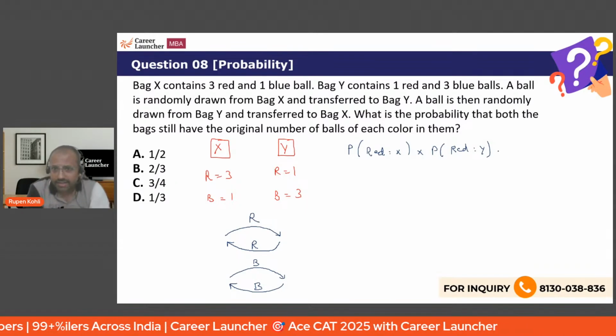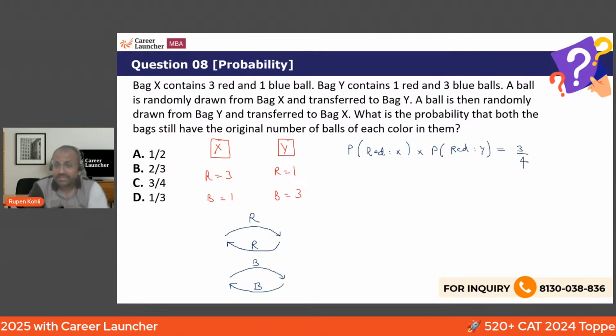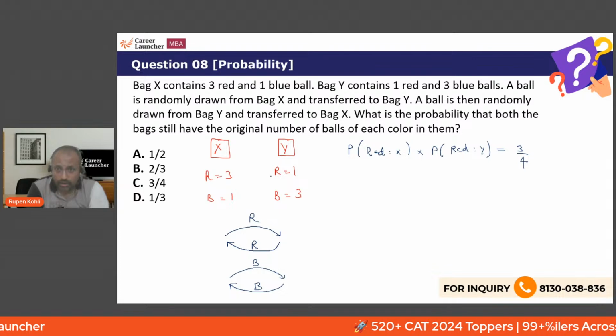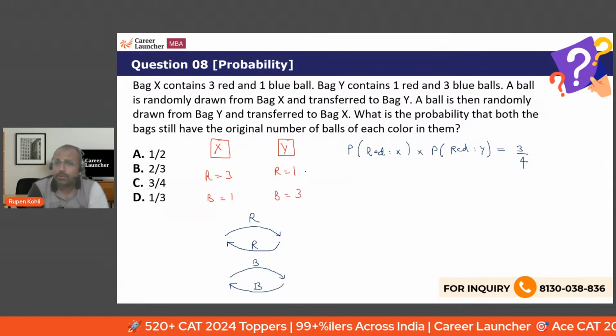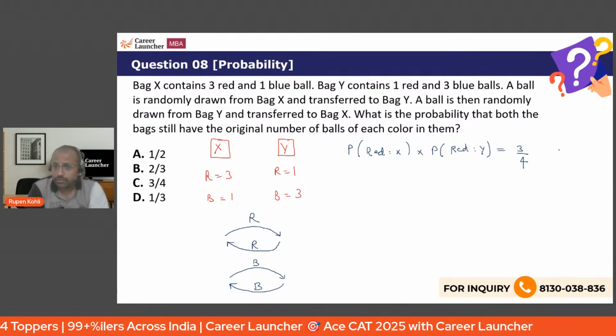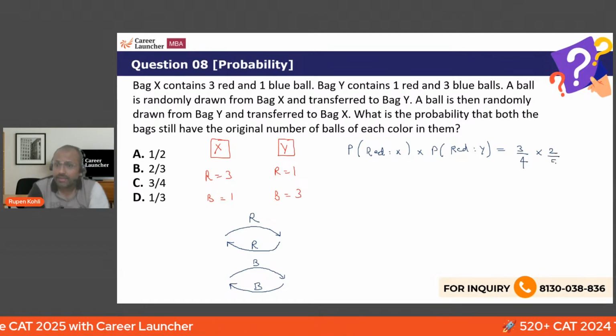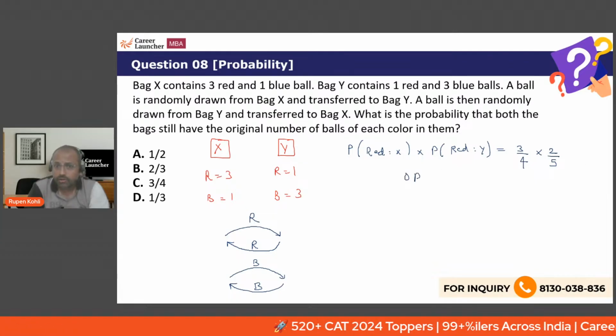So this event has the probability which is, so 3 out of 4 is the probability of drawing a red ball in the first instance from bag X. After that, you would have 1 plus 1, which is 2 red balls over here, and total of 2 plus 3, 5 balls actually. So the probability of red ball being drawn in the second drawing from bag Y is 2 on 5. Either you do this, or the other thing, which is blue and blue.